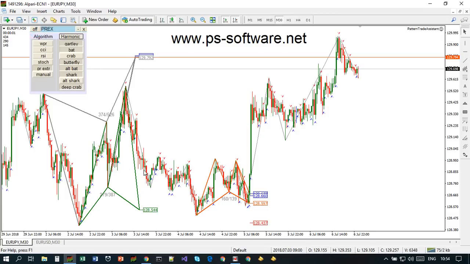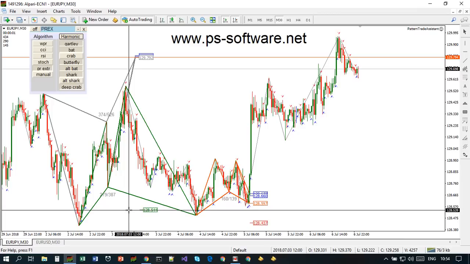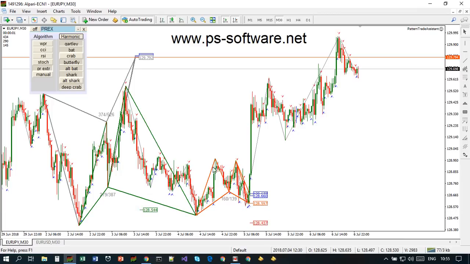What happened before this Gartley? This is very important. This is Euro-Yen, the same 30-minute time frame. Before this Gartley, we had this shark pattern. It completed and price bounced. Price bounced and hit the initial profit objective, the IPO.